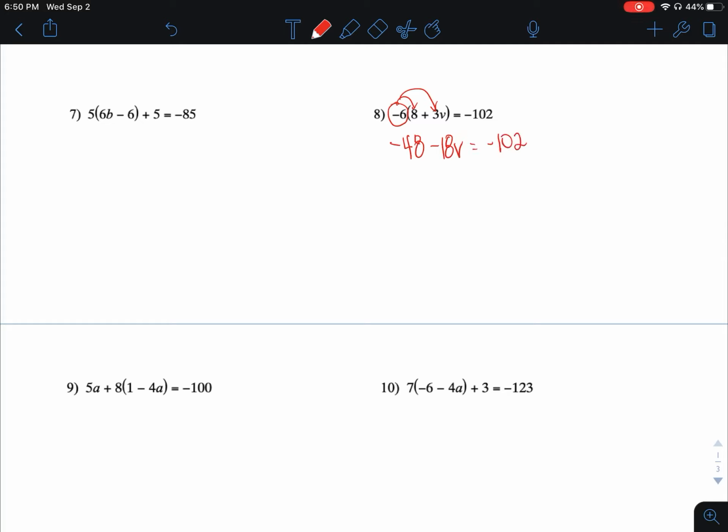And then you go through and you solve it like normal. So if we did it like Mr. Likens, we bring down the straight line, the t. So then I would be adding 48, opposite operations. Remember, in order to move something across the equal sign, you use opposite operations. So I have negative 18v equals, and let's see if I can do this real quick.